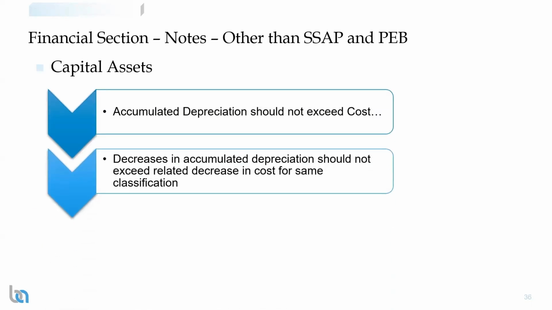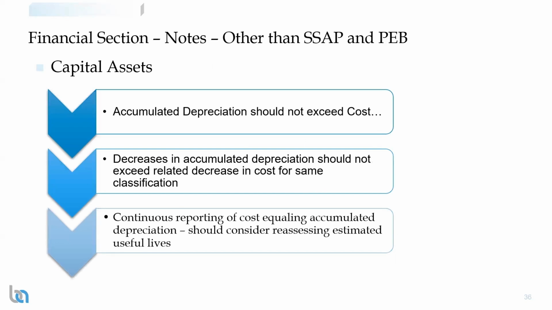All right. So just some pointers for capital assets. Accumulated depreciation should not exceed cost. So if you have a line item for equipment and you have $1 million in equipment, you shouldn't have accumulated depreciation in equipment of $1.2 million, because the maximum it can be is $1 million.